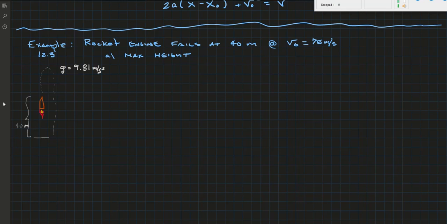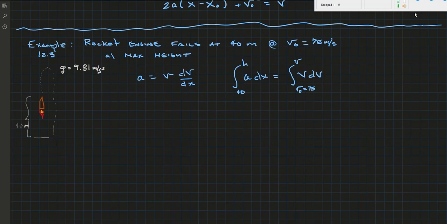If we had a value of v, we could use this relationship: acceleration equals v dv dx, and that will result in this differential equation, where x starts at 40 meters and goes to some height h here, and v starts at v0 equals 75, and it goes to some v at this height.